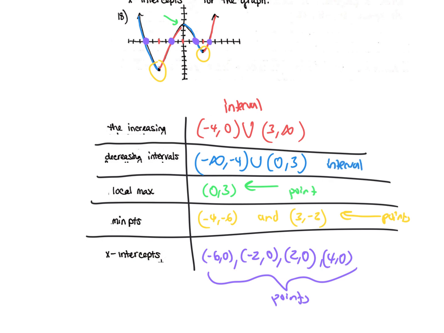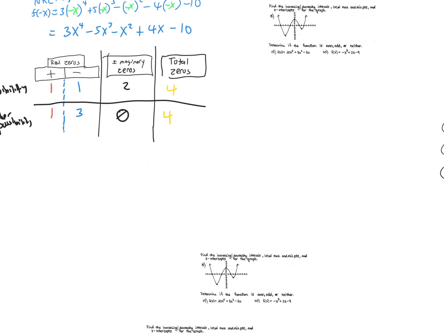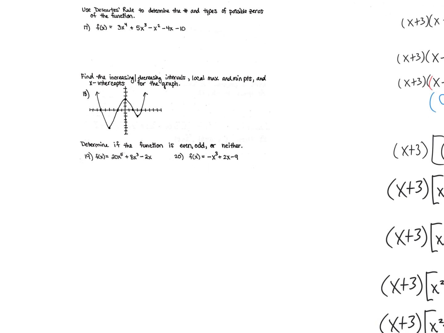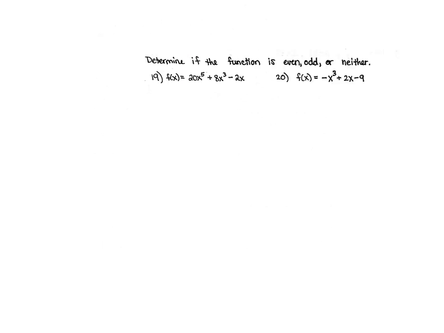The reason I'm spelling that out is because we do not want to confuse these with points, for my student watching. These are intervals, whereas these are literal XY coordinates for the points. Is that all we have to do? No. Oh, more.